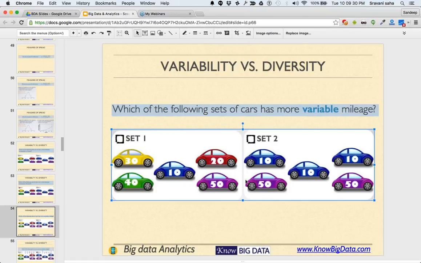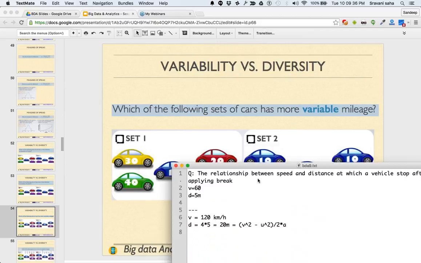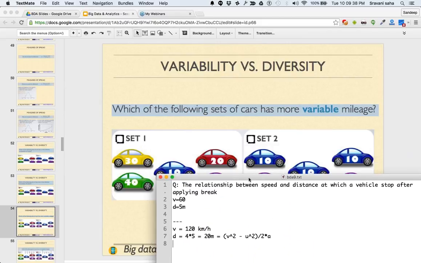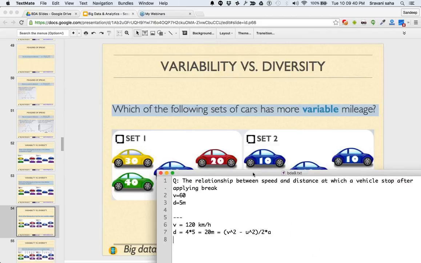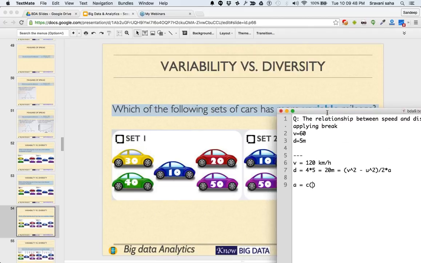Alright, let's try to answer this question using a simple technique, the standard deviation. We have set A, I'm just writing in terms of R: 30, 40, 10, 20, and 50.